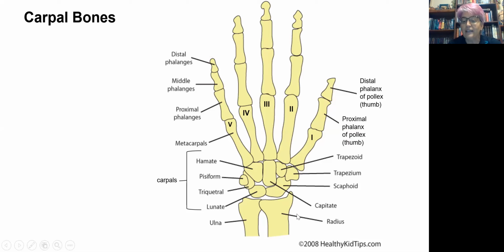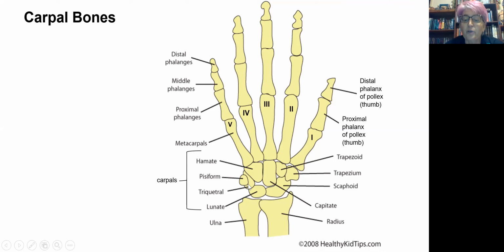Notice how big the distal end of the radius is. Students sometimes get confused. They're thinking ulna is big, so the distal end must be big, but the distal end of the ulna is really skinny. The distal end of the radius is bigger. So the scaphoid and the lunate, the next one, both articulate with the radius.